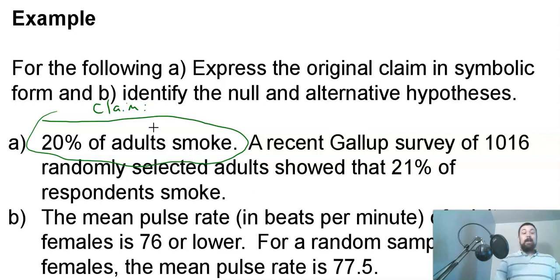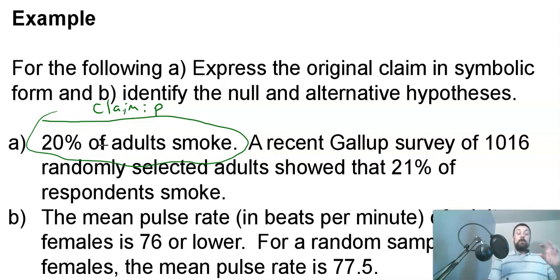We want to write that in mathematical form, in symbolic form. This is how I often set this up. I'll write out the word claim, colon, and then I'll put the mathematical form of that statement. Now this is a percent. If it's a proportion or a percent or a fraction, then the claim is about a population proportion, and so we use p to represent that.